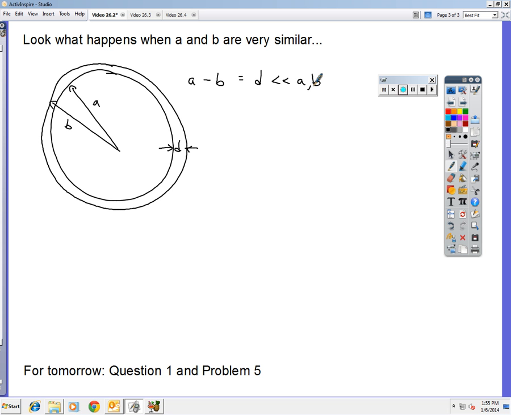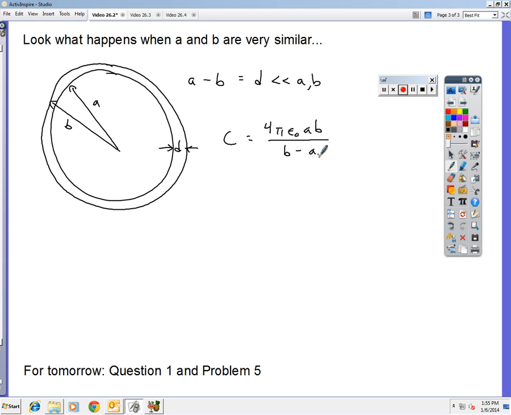Now if we look at that expression, 4 pi epsilon 0 ab divided by b minus a, b minus a is just the distance between the two shells, d.